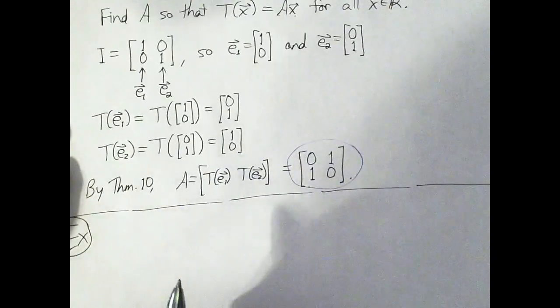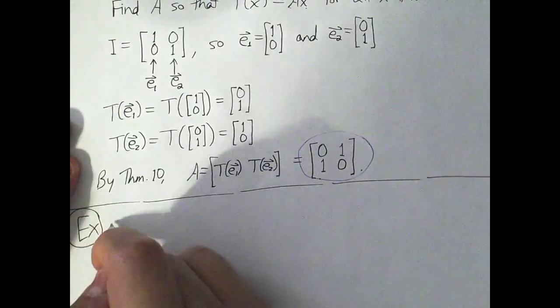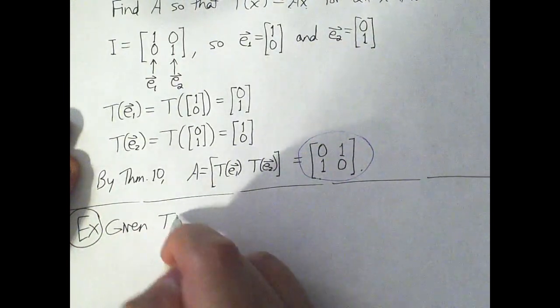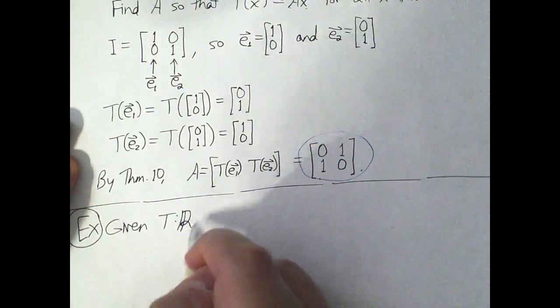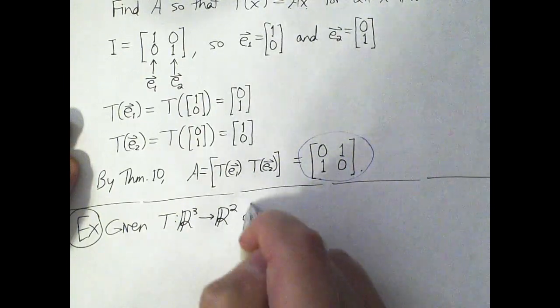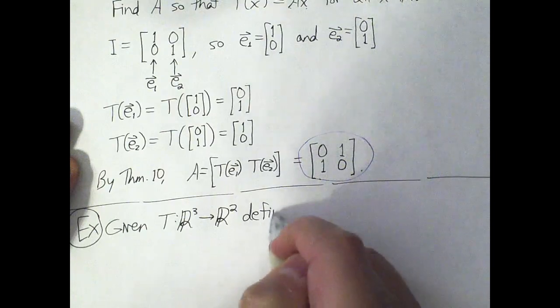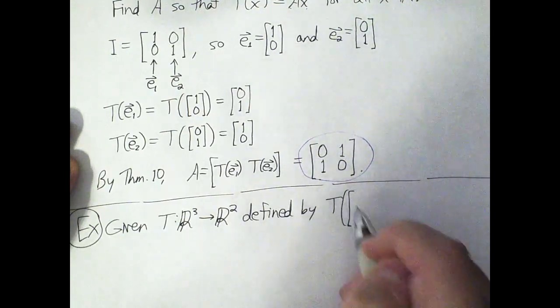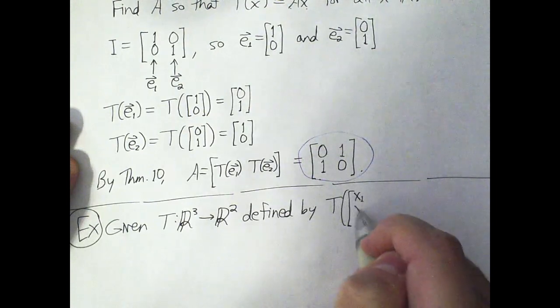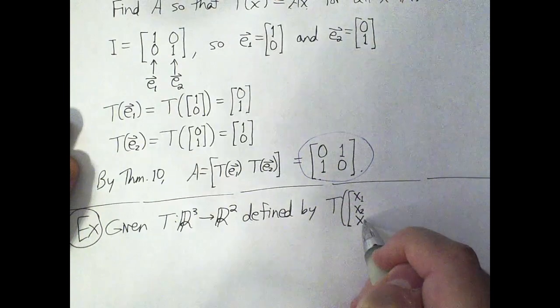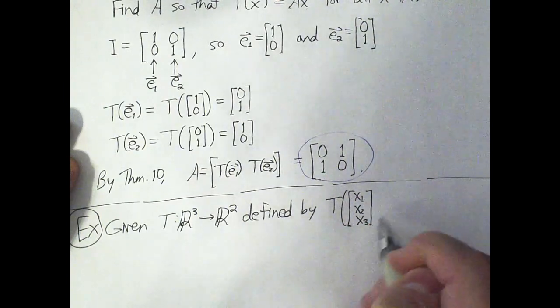So I'm going to ask you to do this one, but let me write the whole thing first. Again, I'm going to revisit one of the transformations that we had in the previous video. It was from R3 to R2, and it was defined by... Now, keep in mind that Theorem 10 is only for linear transformations.